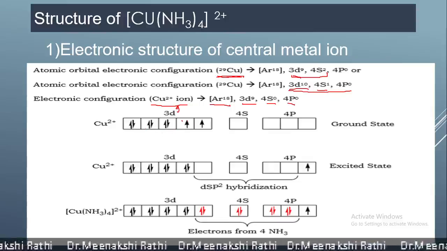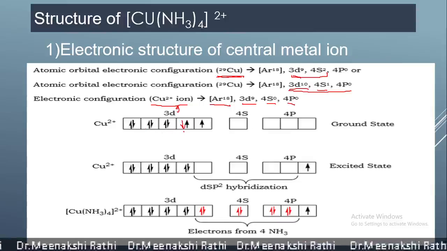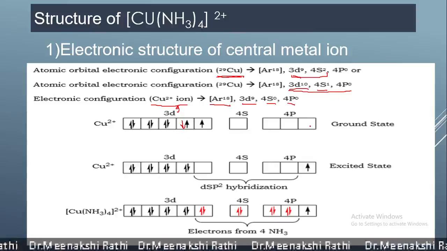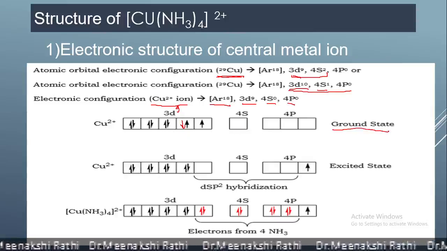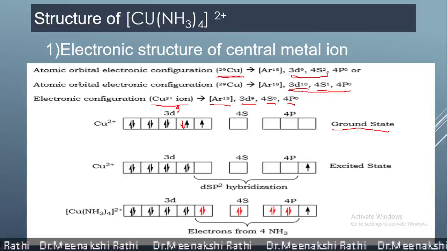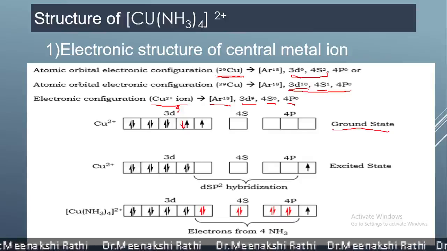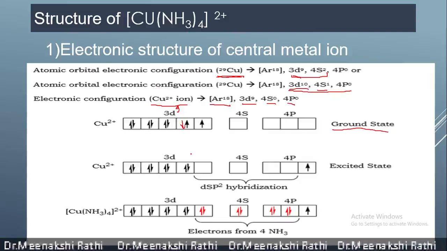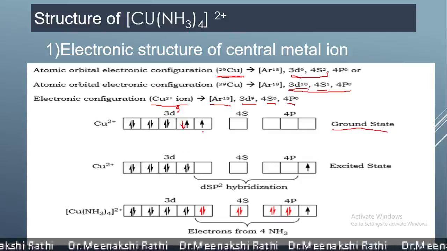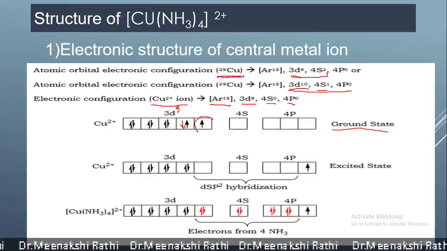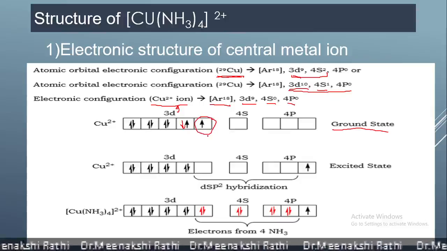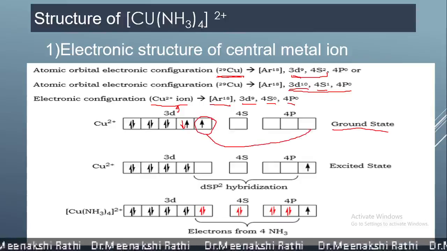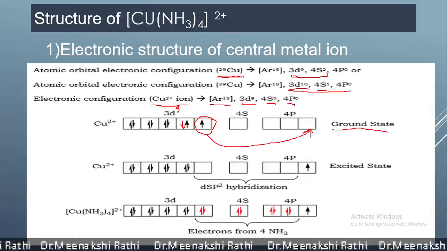Mistakenly, here only 8 electrons are shown. So now it becomes 9, 4s0 and 4p0. This is the ground state electronic configuration of Cu2+. Here, as ammine is a stronger ligand, it provides energy to this unpaired electron, and hence this unpaired electron can jump from the lower energy level to the higher energy level, that is 4p.